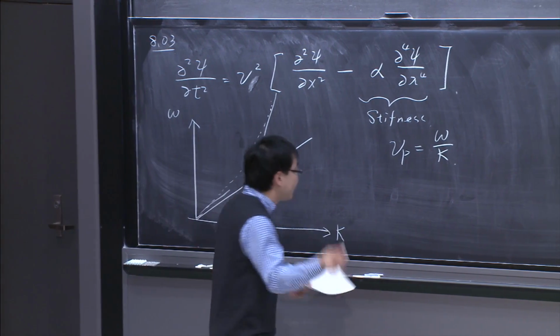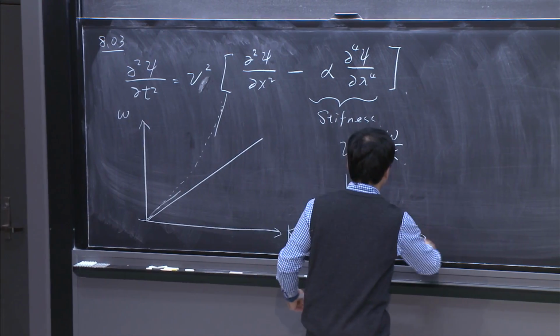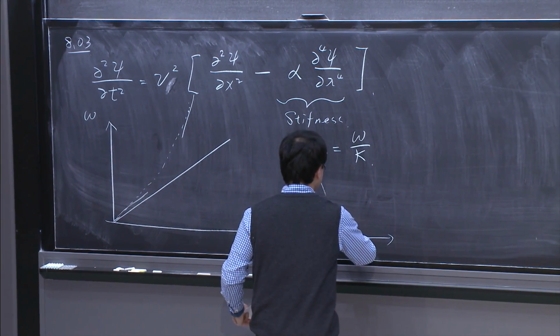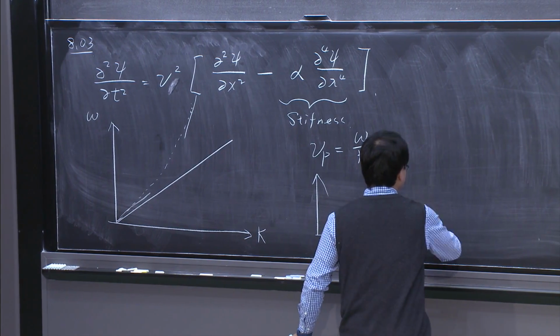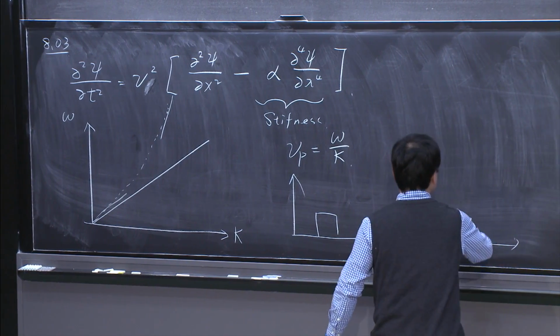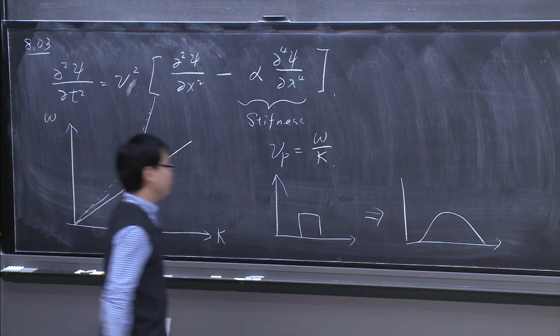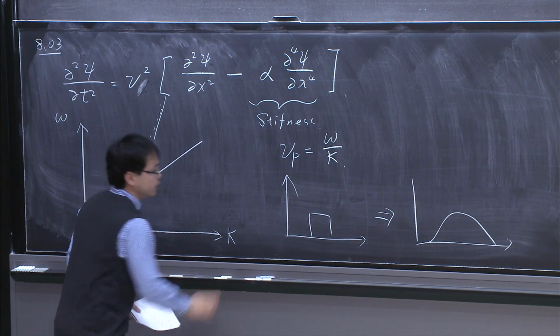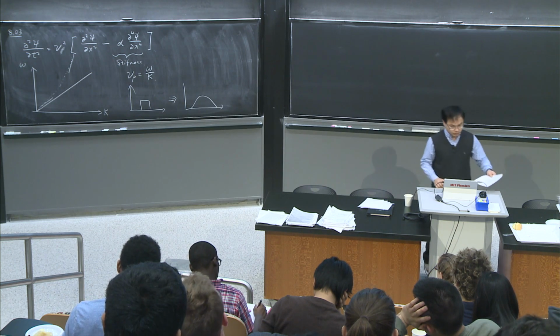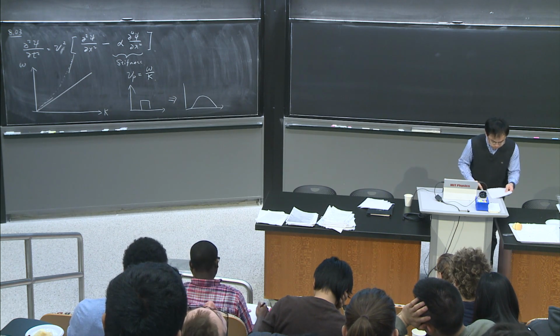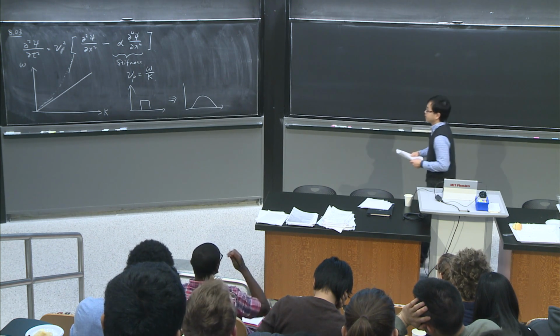So there will be a spread of the signal. Originally, maybe you have some kind of square wave, and this will become something which is smeared out in space, and you lose the information. And we are going to talk about that later.